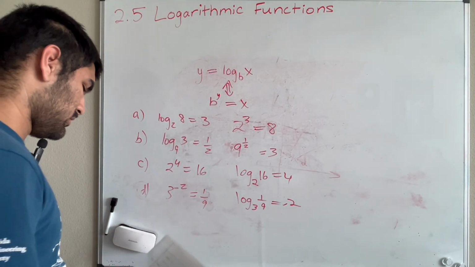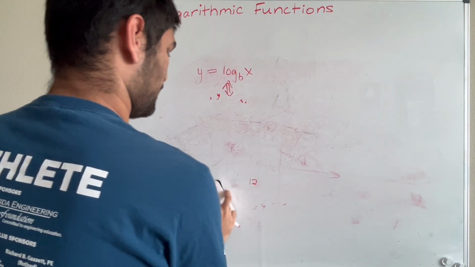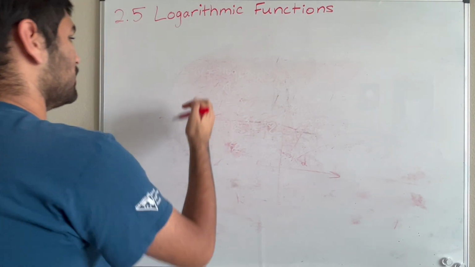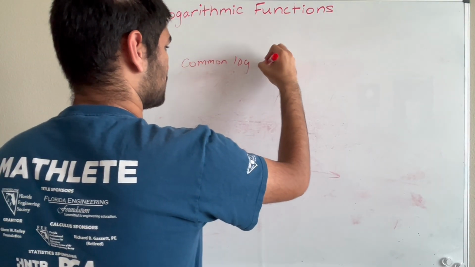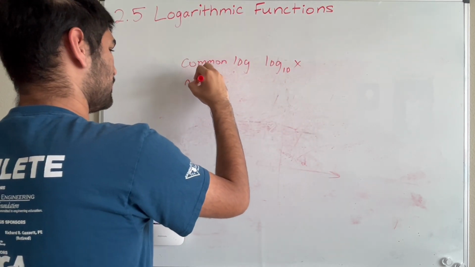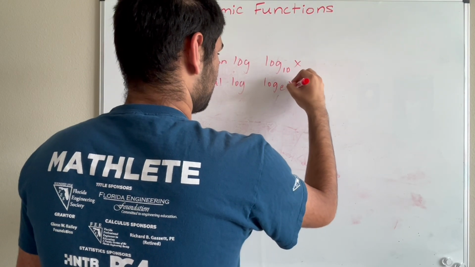Okay, good. So now let's talk about some common types of logarithms. There's two main types of logarithms that you need to know. The first one is the common log, and that's just log base 10. And then you have the natural log, and that's log base e.